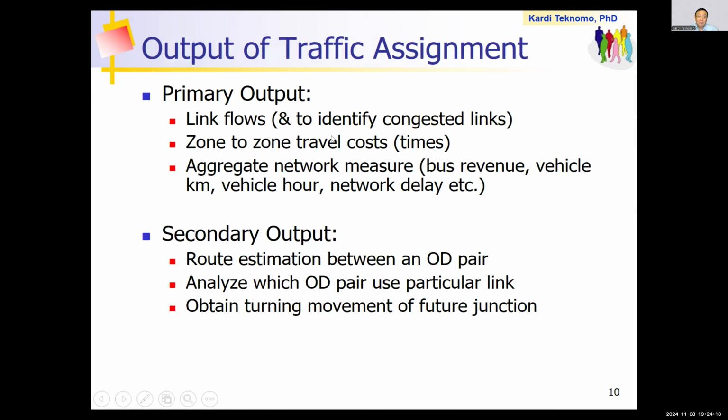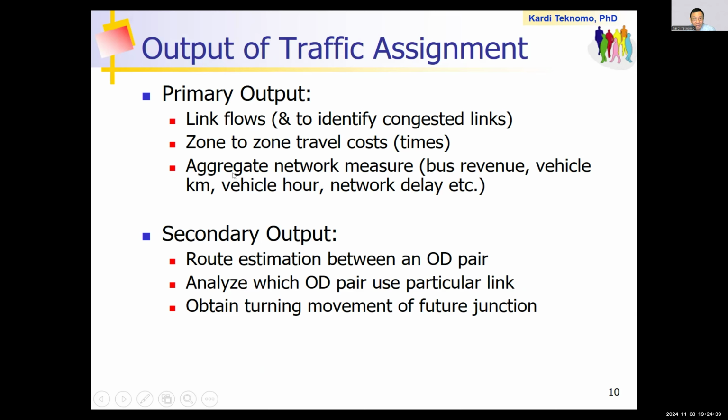So the output. Simplified output is just link flow. Once you get the link flow, because you know the capacity, you can get the congestion. So the link flow is basically equivalent to the congestion if you divide by the capacity.